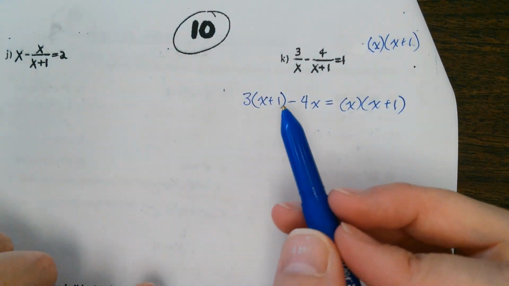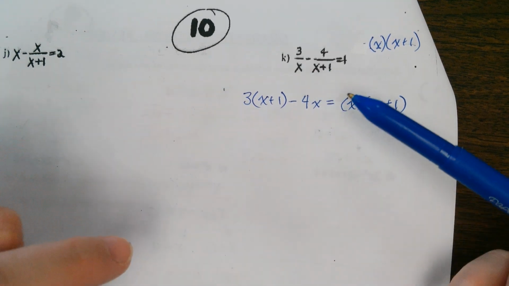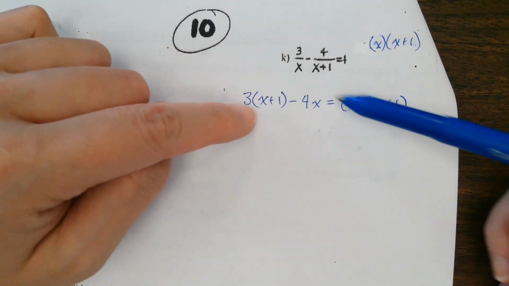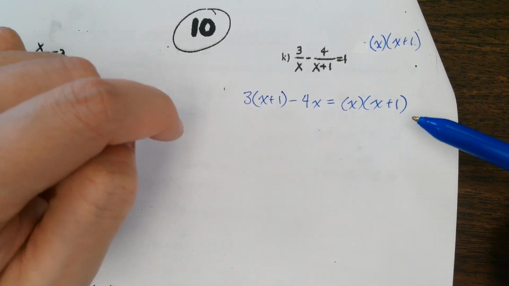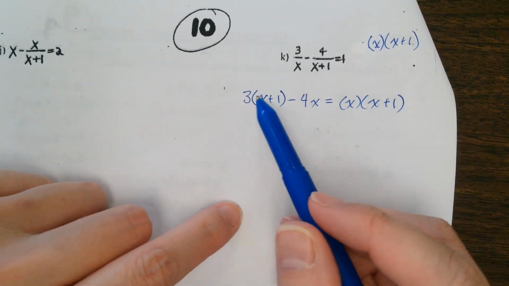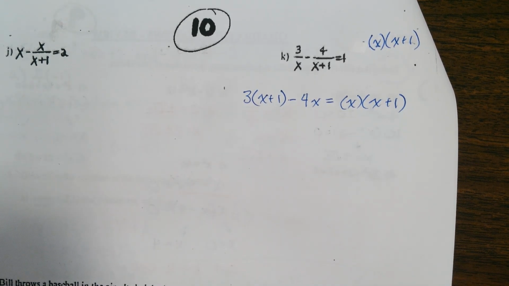So that's why I say that trick to multiply everything through by the lowest common denominator will get rid of your fractions. Same thing right here. Multiplying by my lowest common denominator got rid of all the fractions. Looks a lot nicer now. And then I would just expand this out, collect all the like terms, and then I have my quadratic.